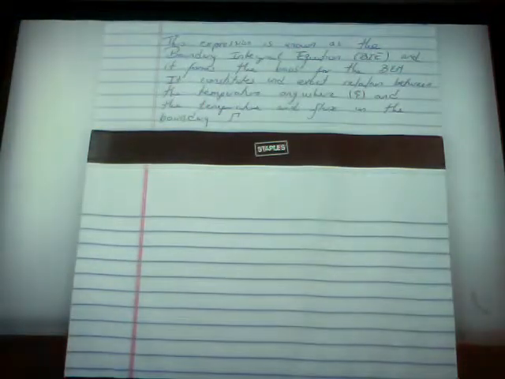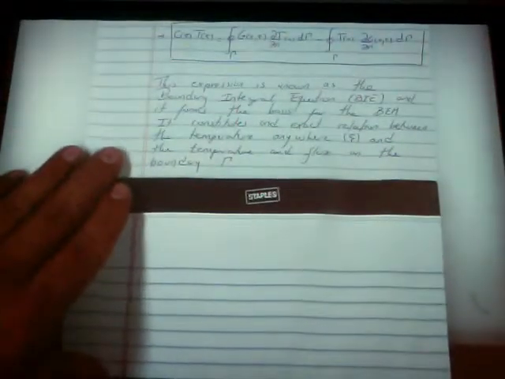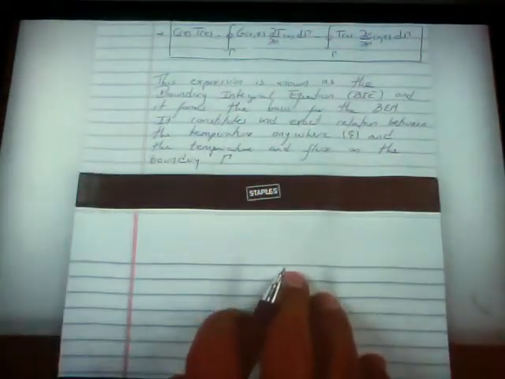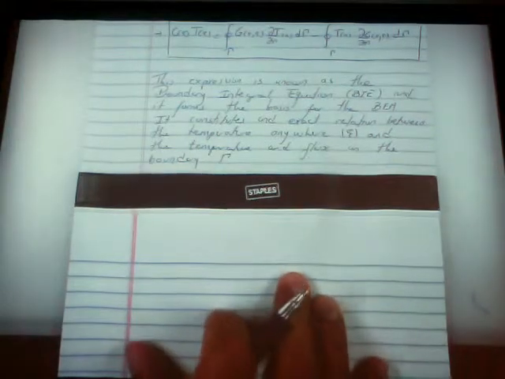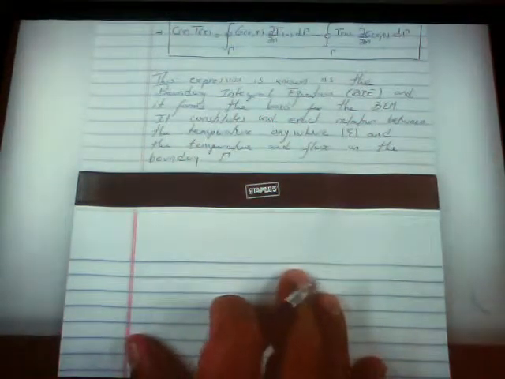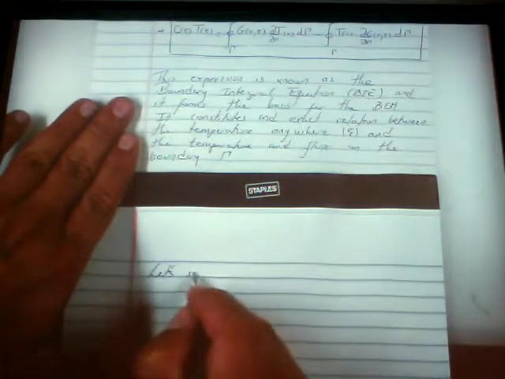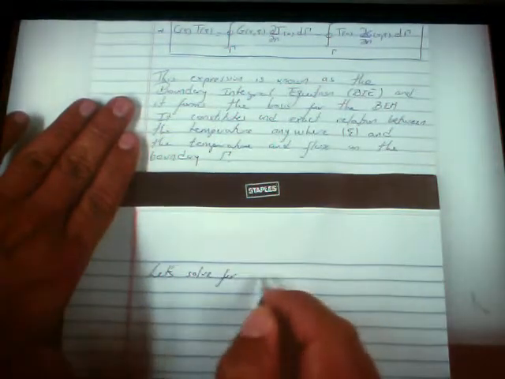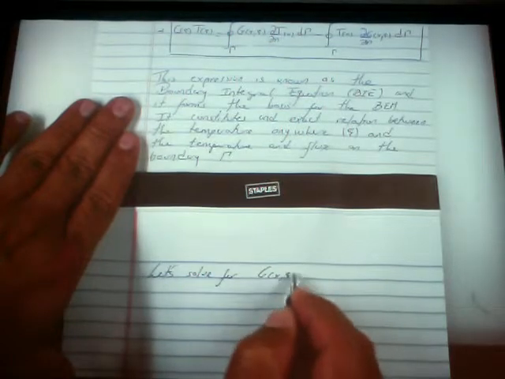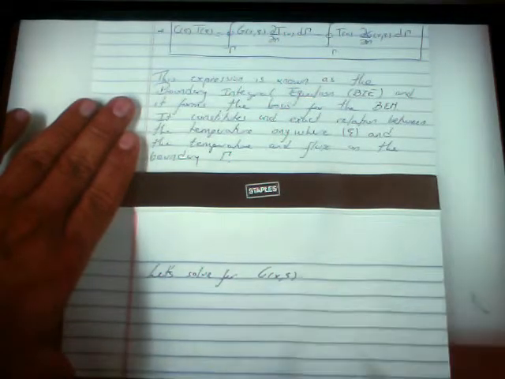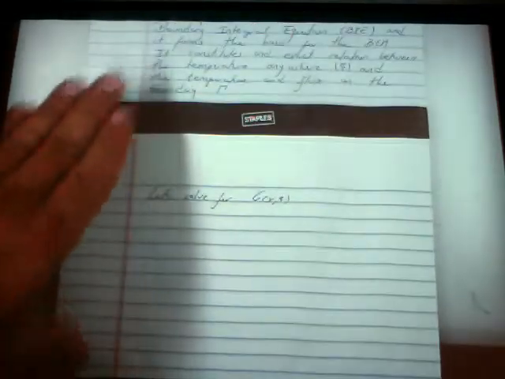So, what is G? We have that expression, and we know that it relates temperature and flux on the boundary to the temperature anywhere we want to, but we still need to know what G looks like. Now let's solve for G. What does it look like?